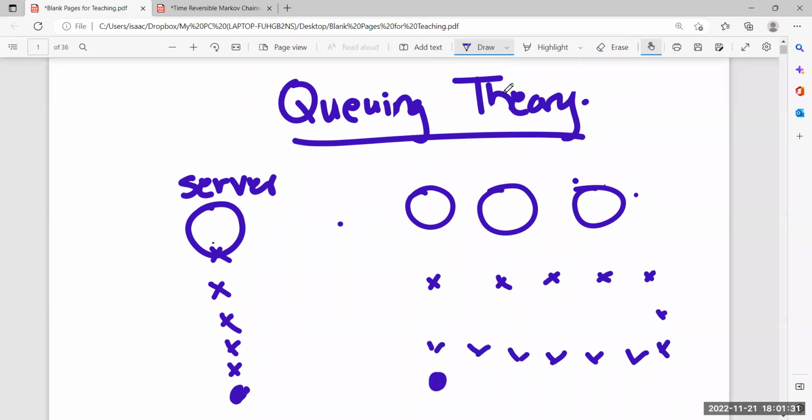And you join, say, here. And what you have is a multi-server system. So in this case, you have multi-server.